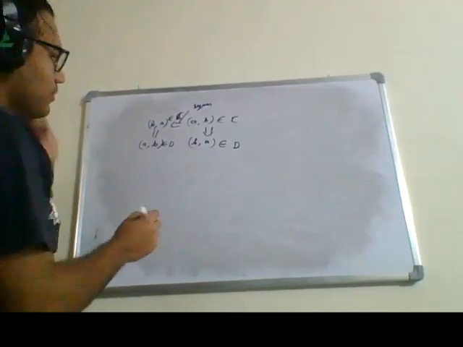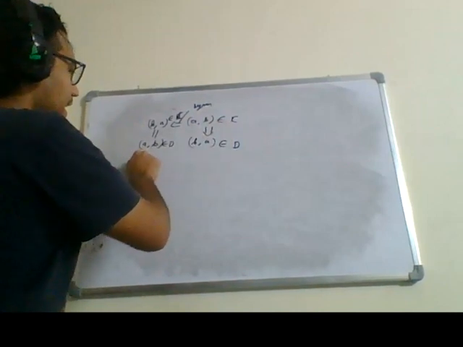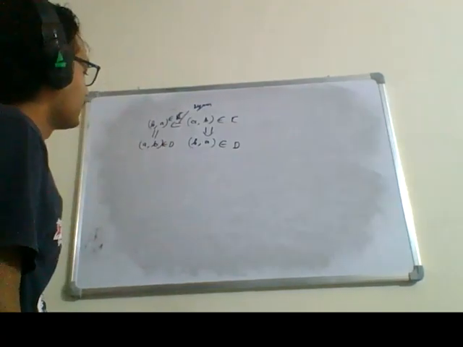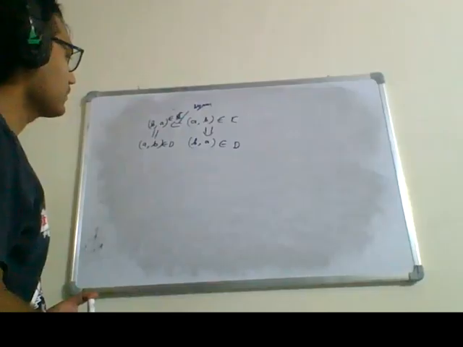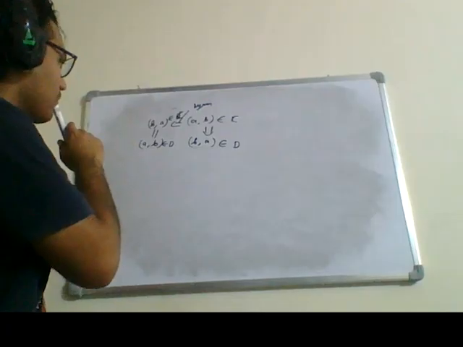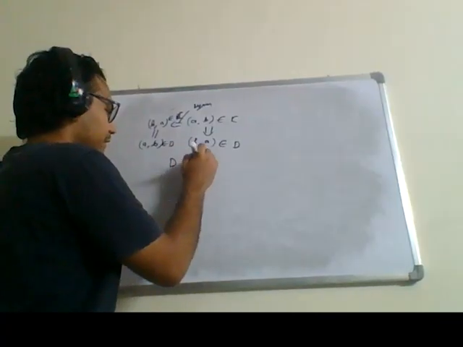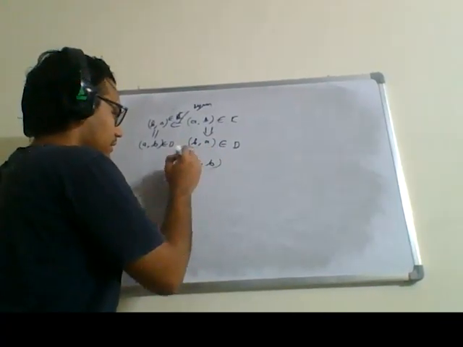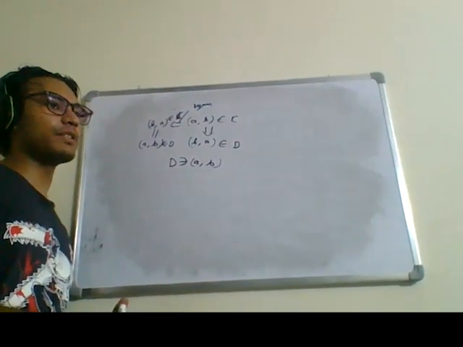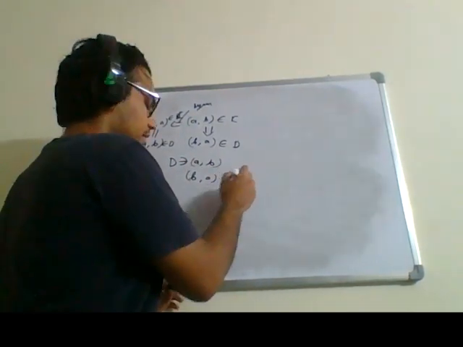So if C is equal to D, this implies this directly. Okay, so let D have (a, b). Must C have (b, a) in it? That's the question. So let (b, a) not be in C.